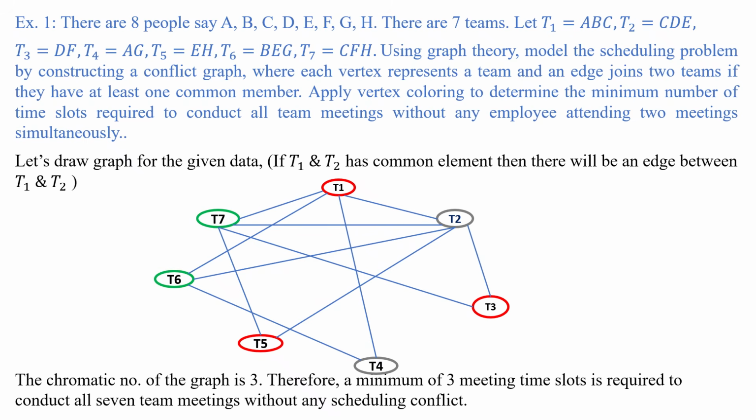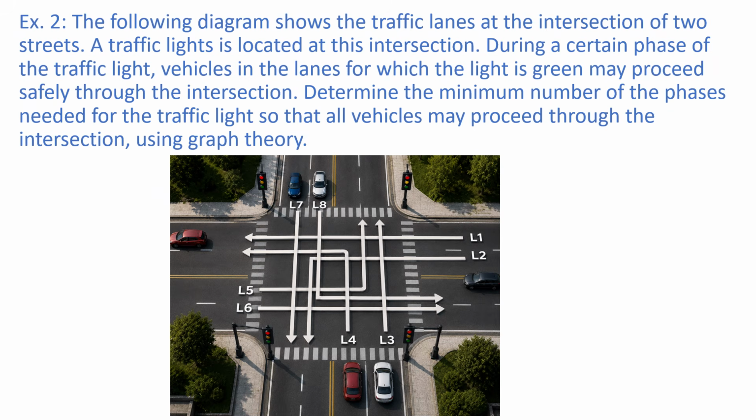T7 and T6 are non-adjacent vertices, green. So the minimum number of colors required to color the graph is 3. That is, a minimum of 3 meeting time slots is required to conduct all 7 meetings without any scheduling conflicts.